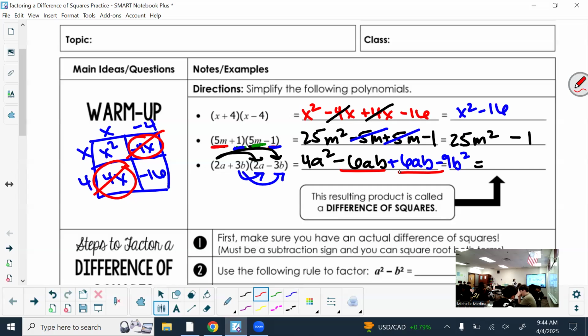Class, what's negative 6AB plus 6AB? 0. So these 2 terms cancel out completely because they're the same number but opposite signs, right? So then our final answer for that one is 4A squared minus 9B squared.